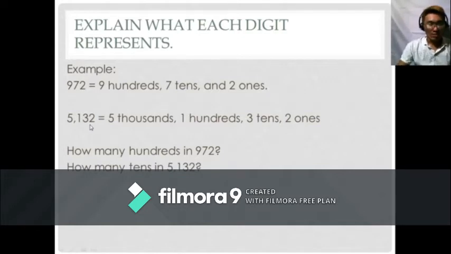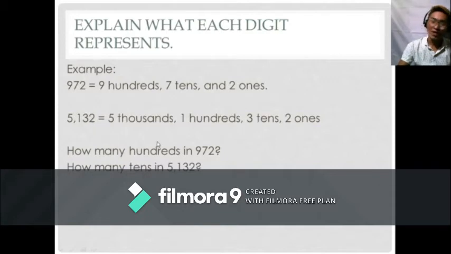You explain this digit by digit. Say 5,000, 100, 3 tens, and 2 ones. Okay, you just take the words according to where the number is placed. Okay, like here the 5's place value is thousands, the 2's place value is ones. Okay, that is how to identify the numbers.